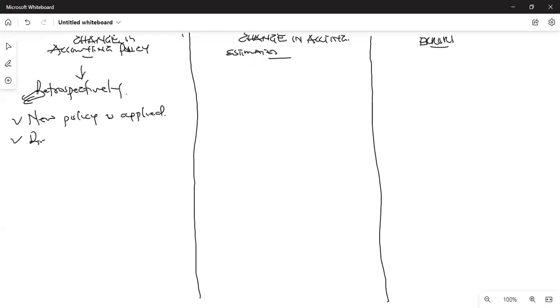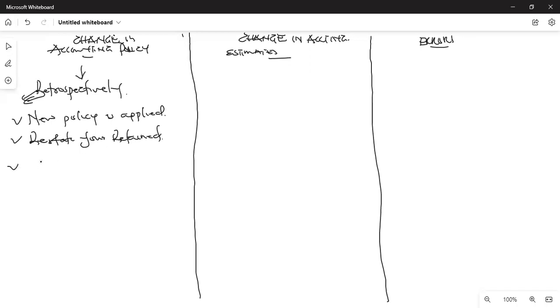So you have to restate your retained earnings. Because that change, let's say in terms of the inventory, will bring a differential in your closing stock determination. And that will mean that you have to go back and affect your retained earnings of last year in this year's account. We will do some computations and you will see what I'm talking about.